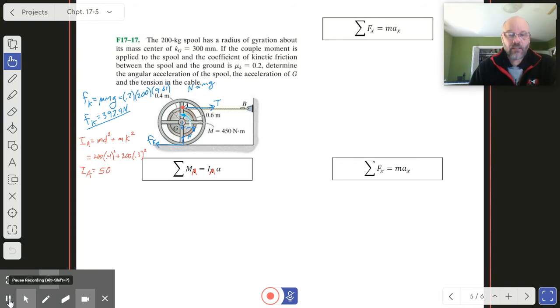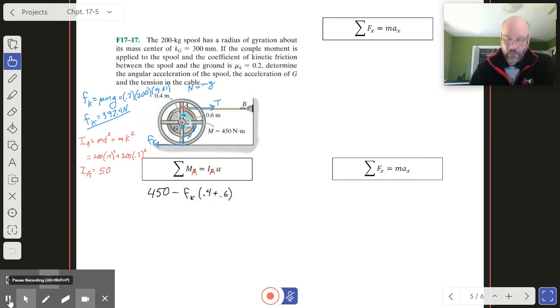And so we've got a 450, some kind of moment actually applied to the axle. And then we've got our friction. And our friction is going to create a negative moment. And it's going to act at a distance. We have to go to the center, which is 0.4 from A, and then from the center all the way to the bottom, which is another 0.6.